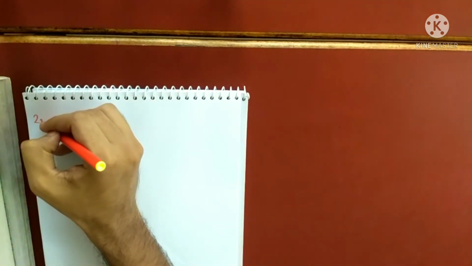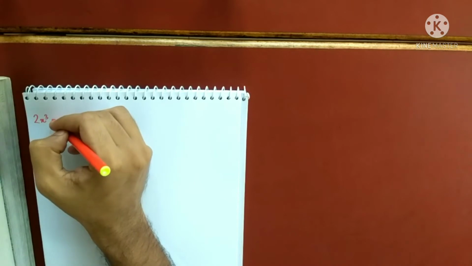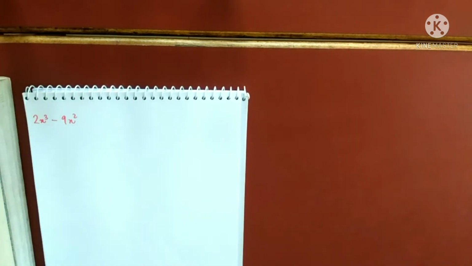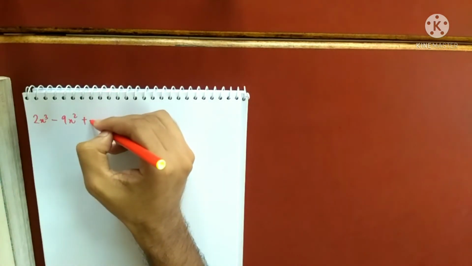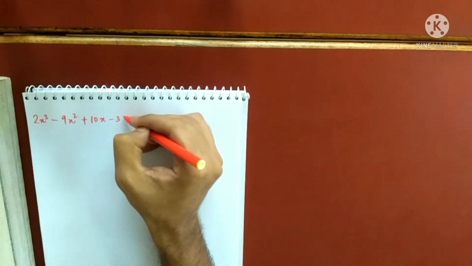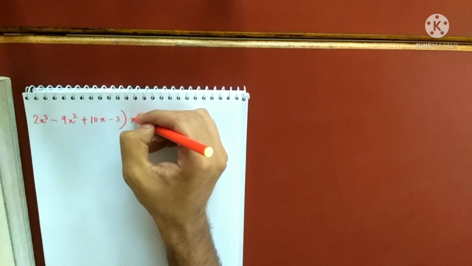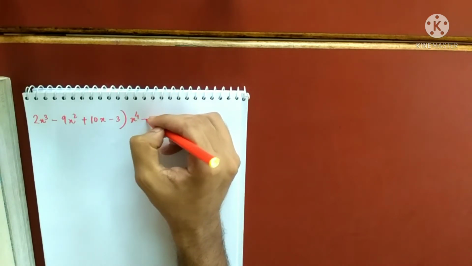So f1(x) was 2x cube minus 9x squared plus 10x minus 3. I have to divide this by this.